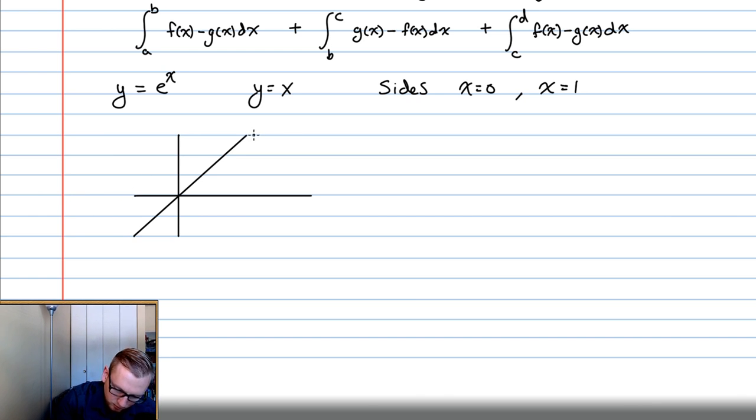It looks like that. It's just a straight line. And then y equals e to the x would look something like this. Where would they intersect? E to the x, when x is 0, it's 1.